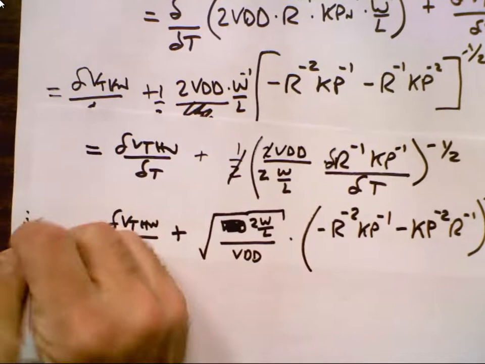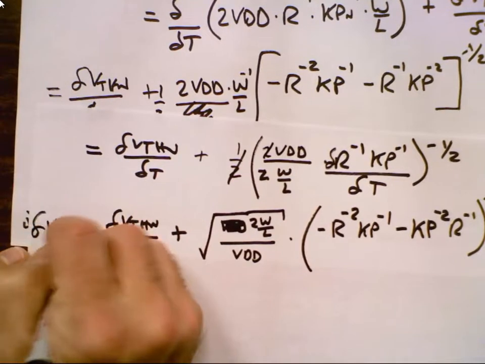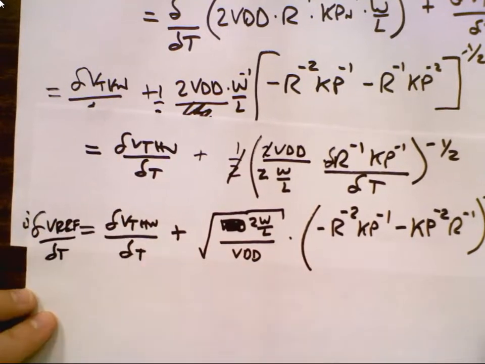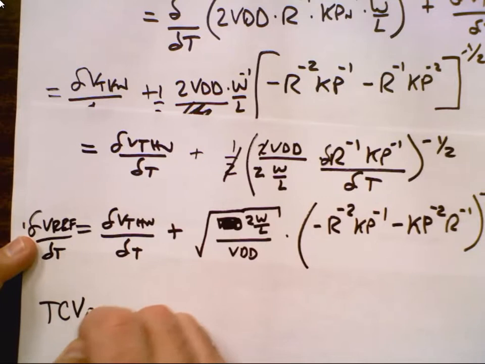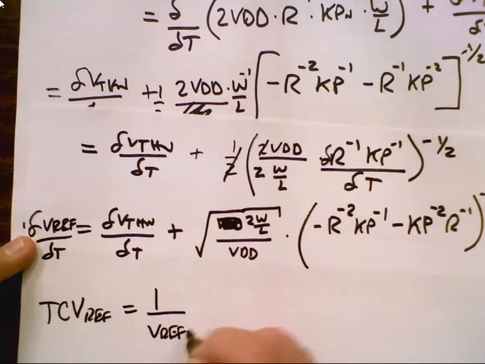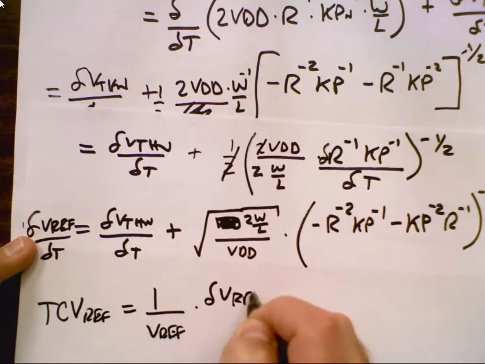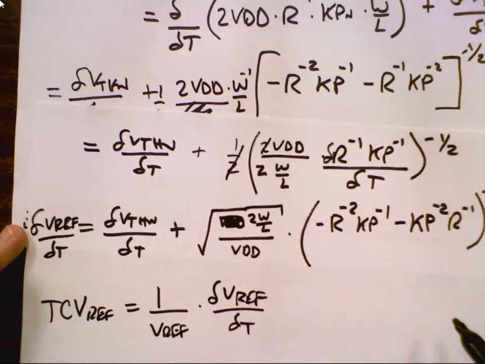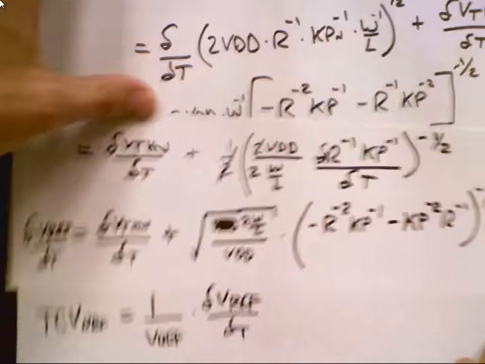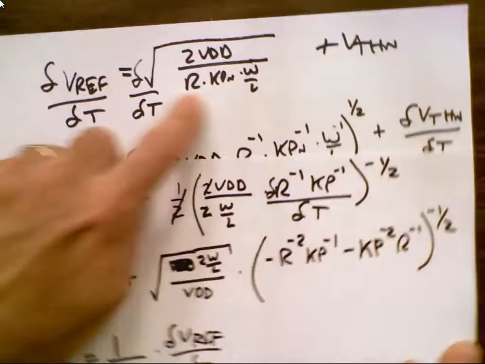And this is again del V ref del T. But the temperature coefficient of the reference voltage is defined as 1 over V ref times del V ref del T. And so my V ref is this term here.